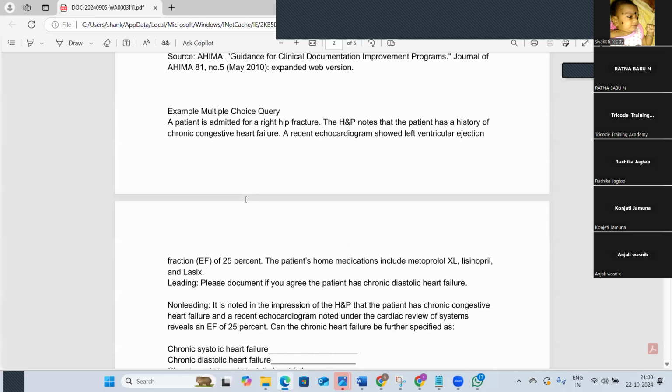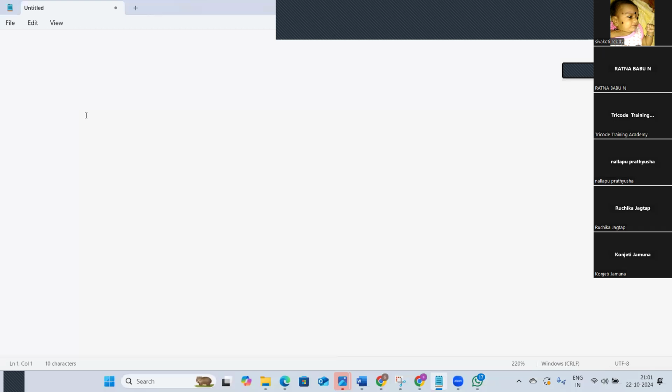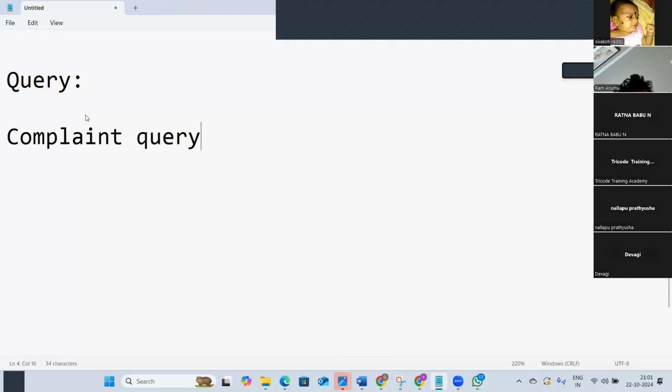This was clear, right? Everything. What we covered in today's topic: the physician query. What is this? Compliant query, non-compliant query, open-ended.